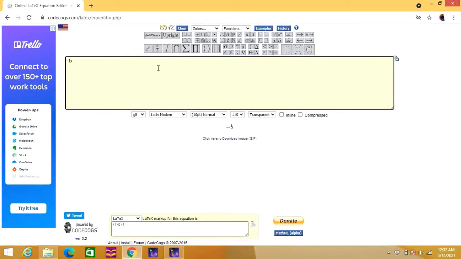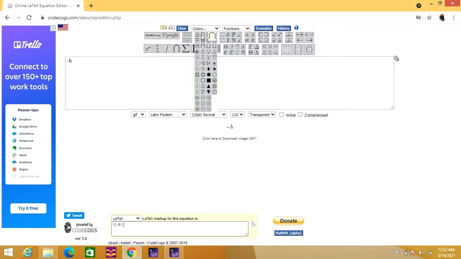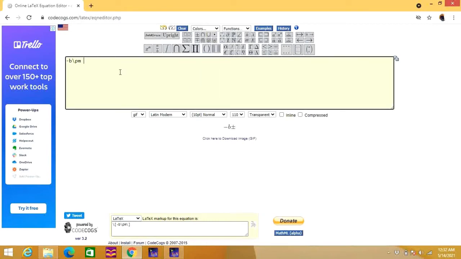That equation we need to write. So minus b, we write minus, then b. Plus or minus you can get from here. Click it over here, plus or minus has come over here, root b square minus 4ac.